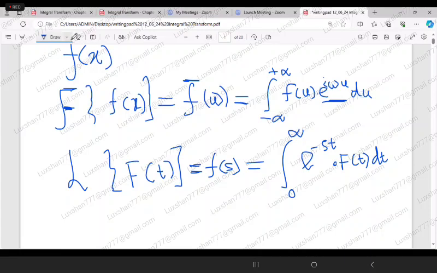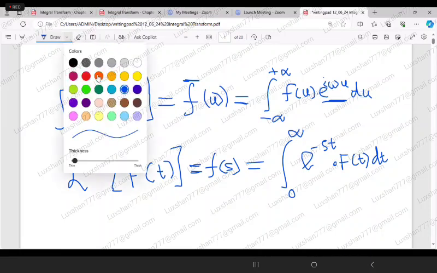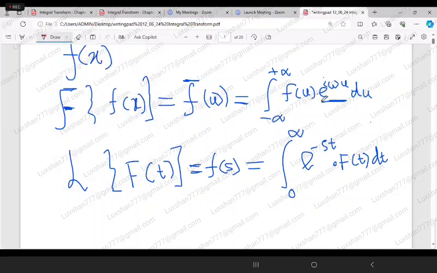Just compare this and try to understand this. So in Fourier transform, this is the kernel. In Laplace transform, this is the kernel. Here the secondary variable is s, therefore we are getting the Laplace transform in s. Here the secondary variable is omega, therefore we are getting the Fourier transform in omega.